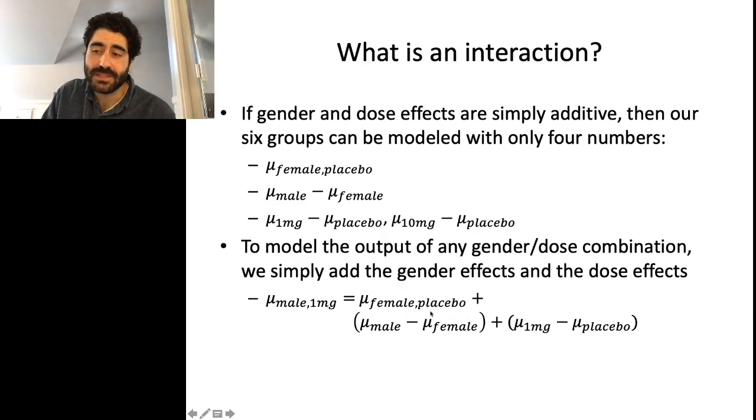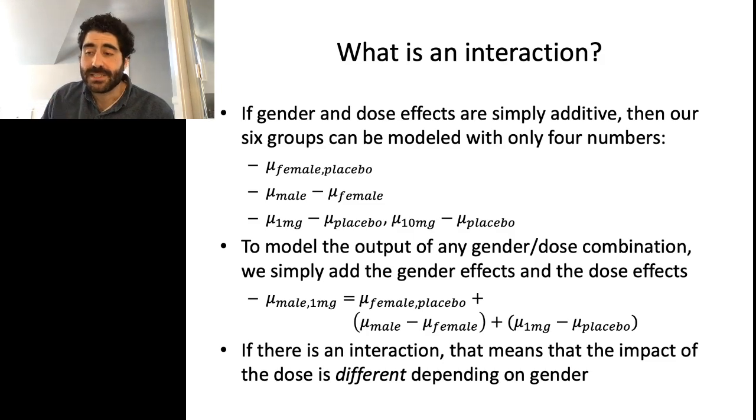So, right, what's the difference in outcomes for males versus females? And we'd also add in this dose effect, right? So if we switch from placebo to 1 milligram, how much does that change outcomes? So if there's no interaction, then this equation is true, right? That we can predict any of these combinations by just adding up these individual main effects.